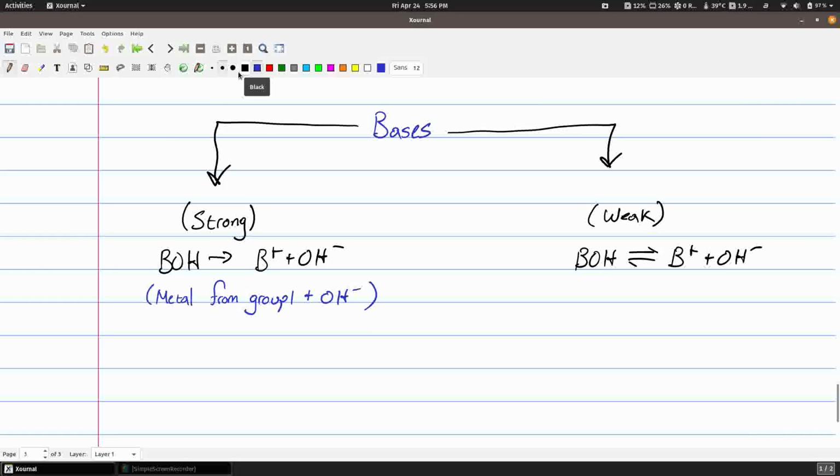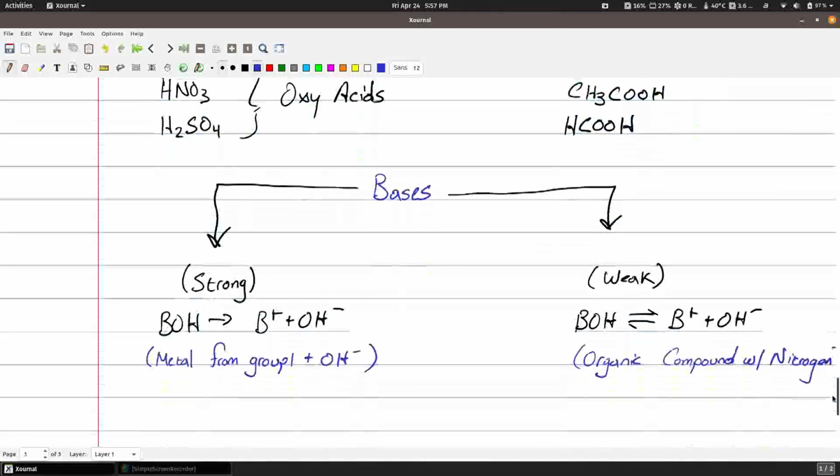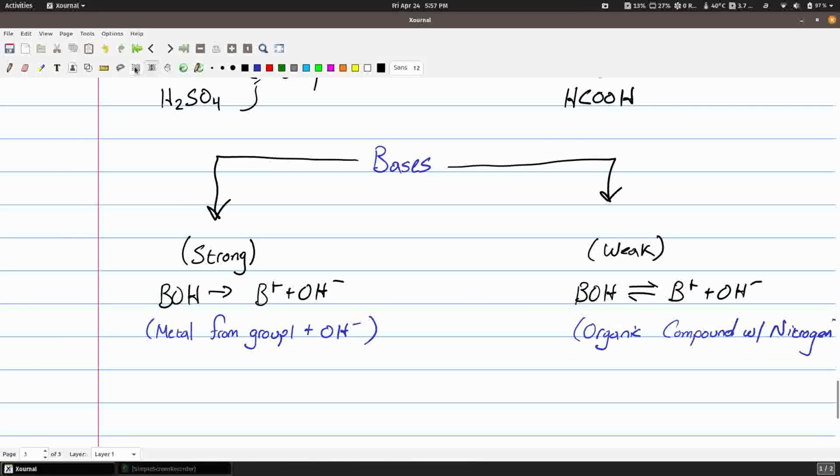And then over here, we have some organic compound with nitrogen. Oh wow, I screwed that up. Here we go. Let me move that over so I have room.